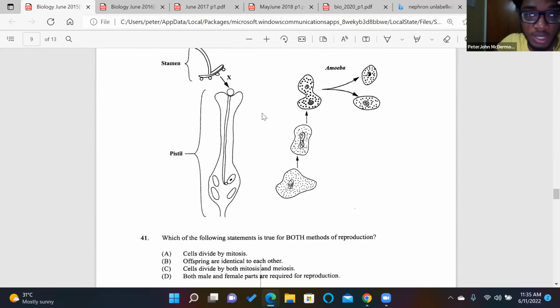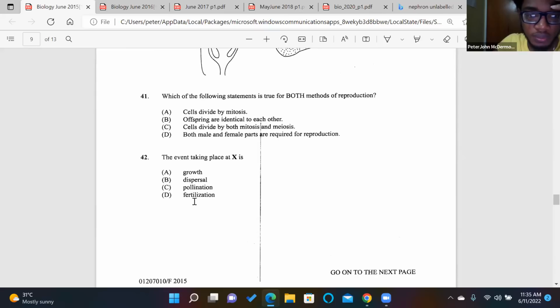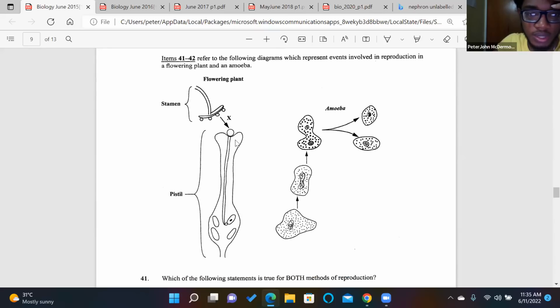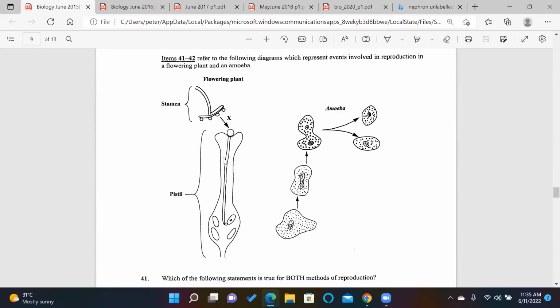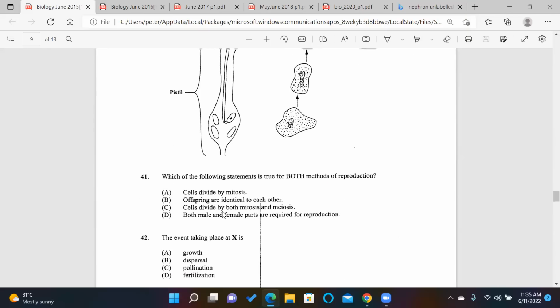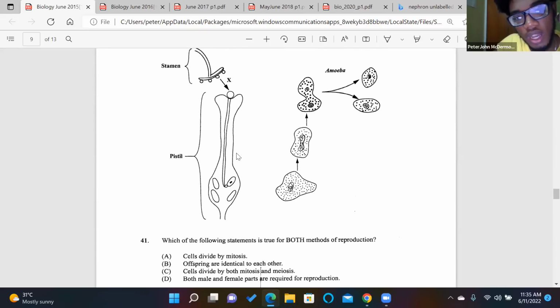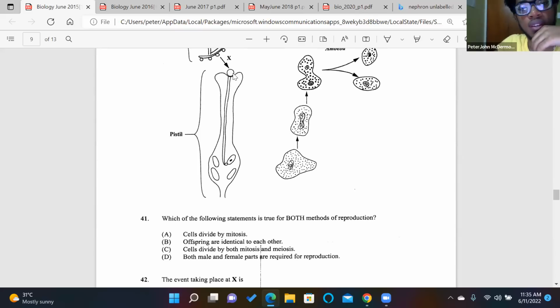The event taking place at X is, what's that called? Growth, dispersal, pollination, fertilization. Fertilization. All right, it depends on how you want to think about it, because at X we can say that this is pollination, right?